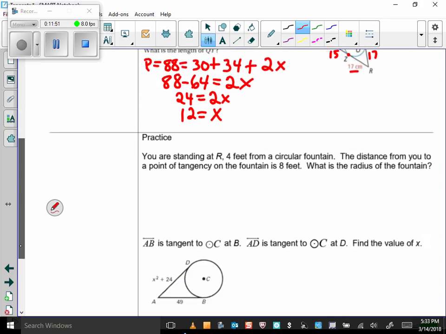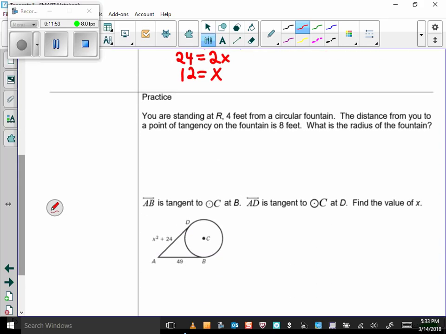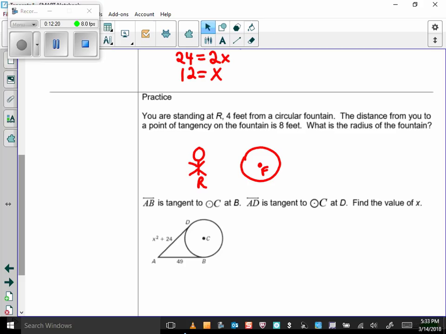Okay, got another one. You're standing at a point R, so I'll just put you here at R, and you're about 4 feet from a circular fountain. Let me try to draw this fountain here. There's our fountain, we'll just call it F. The distance from you to a point of tangency is 8 feet.